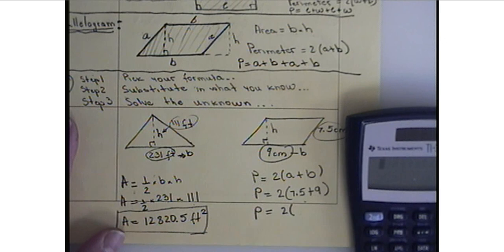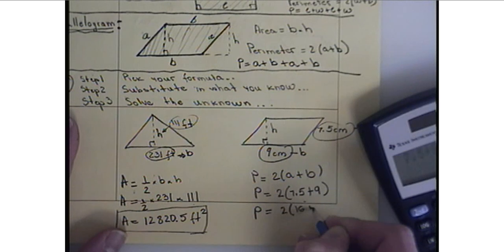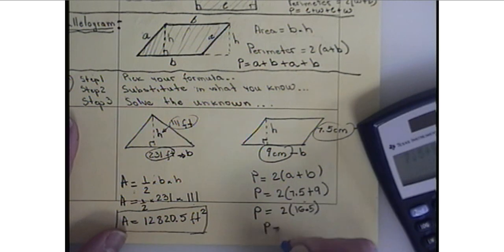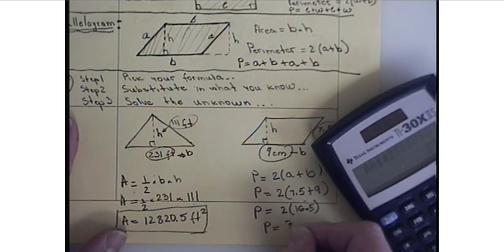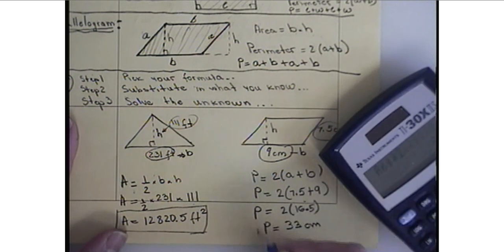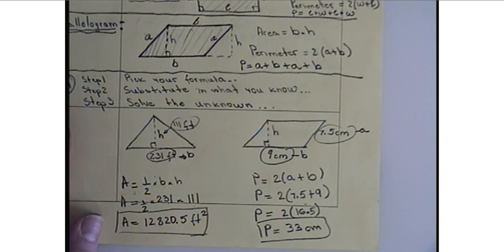First thing, calculate what is inside the parentheses. So 7.5 plus 9 is equal 16.5. Final step, multiply by 2 times 2. So the answer is 33 centimeters. So the perimeter for my second shape is 33 centimeters.